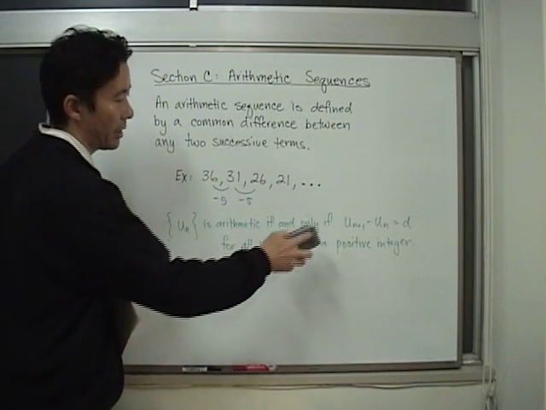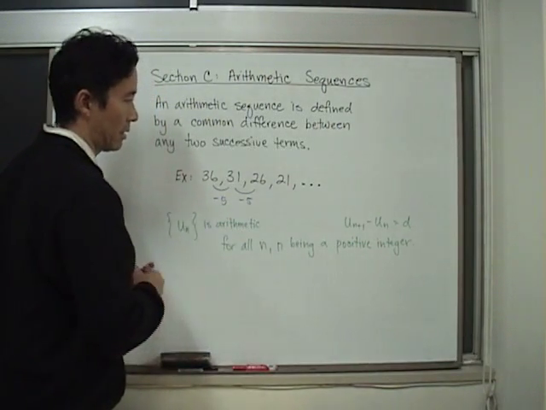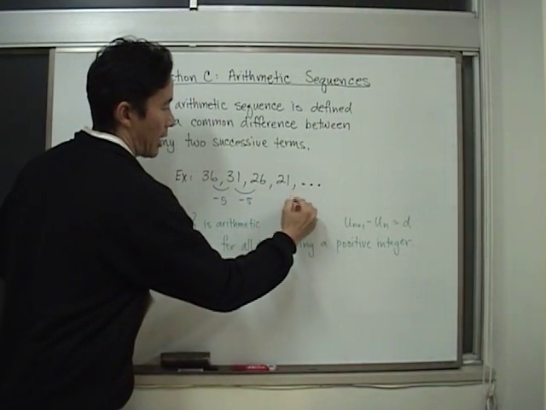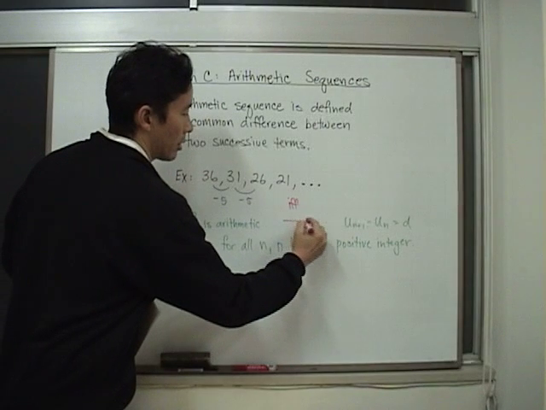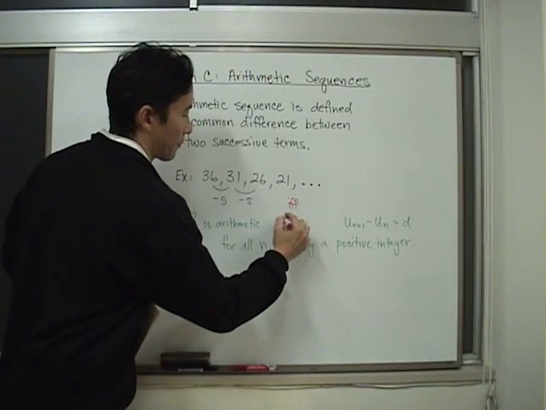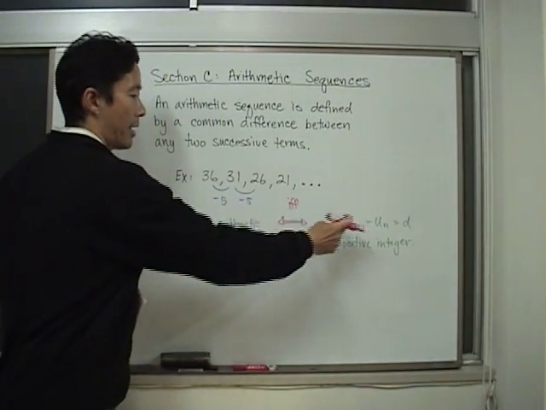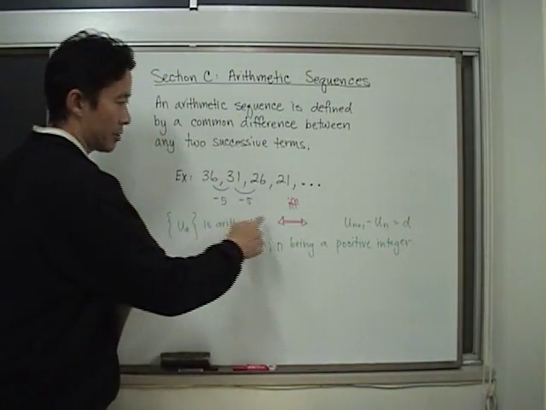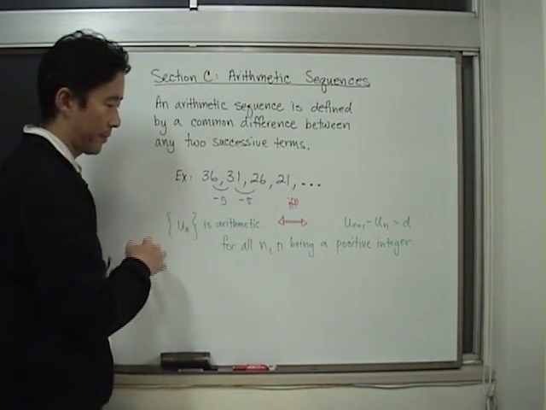So you see this if and only if? This is the way that you note it. You can either write IFF, which is if and only if, or you can use this symbol, which means that we go this way and that way. So if this is true, then that is true. If this is true, then that is true. Okay?